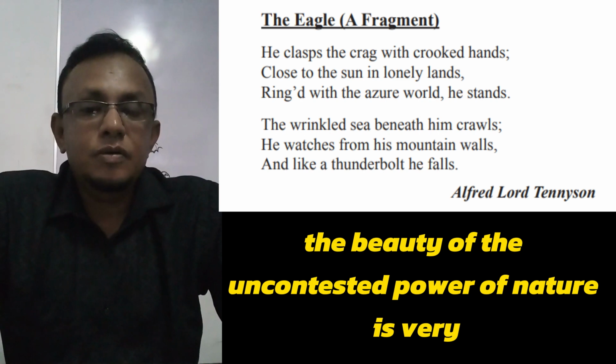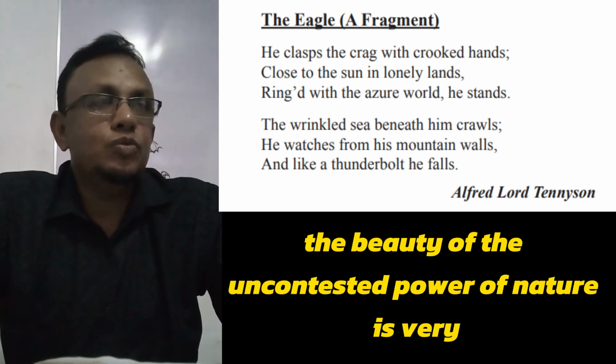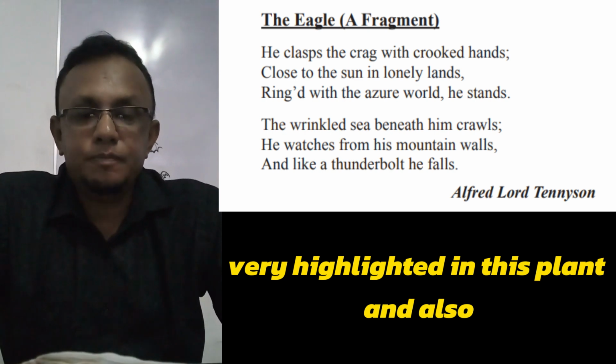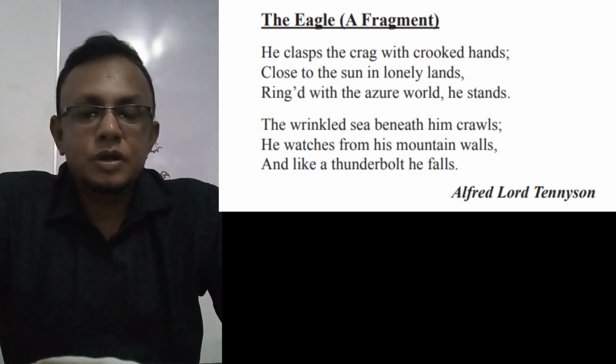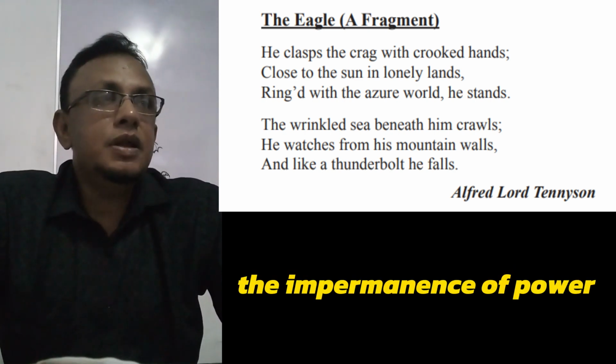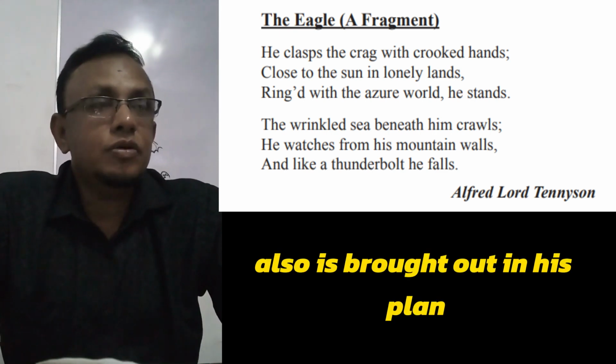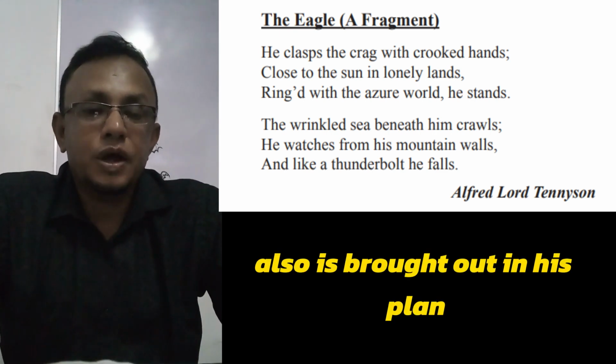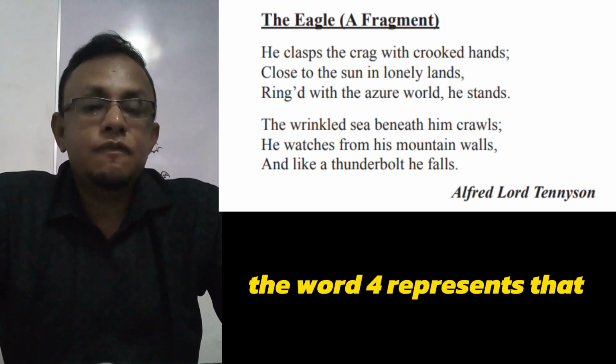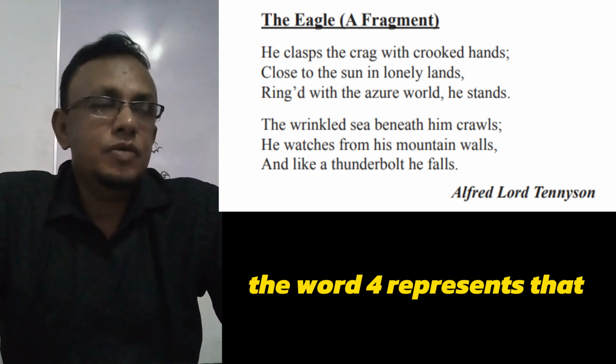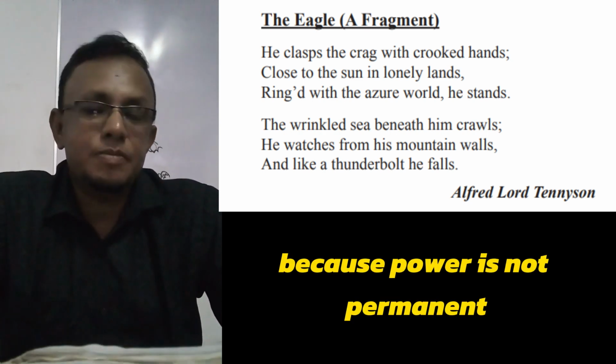The beauty or the uncontested power of nature is very well highlighted in this poem. And also, the impermanence of power is brought out in this poem. The word fall represents that, because power is not permanent.